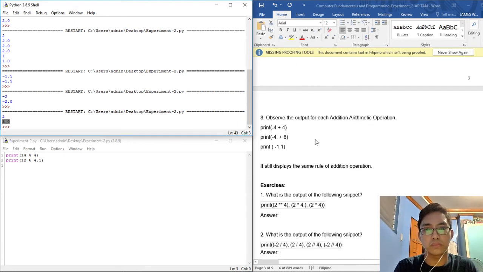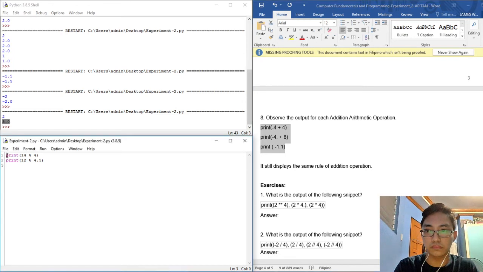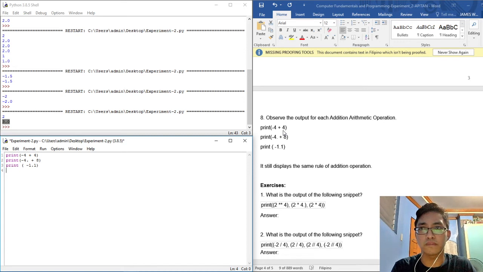Next is to observe the output for the addition arithmetic. Let's use this code here. There. As you can see, negative 4 plus 4, as the mathematical expression, a negative sign plus a positive is subtraction.